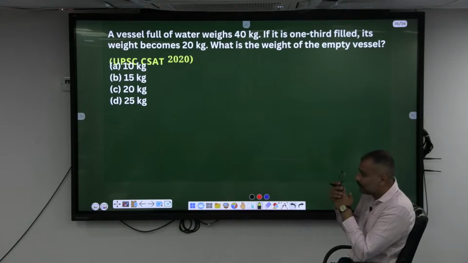So can the option be 20 kg? No, definitely no. Okay, can it be 25 kg? No, it has to be less than 20 only. Either it has to be 15 or 10. Let's assume.